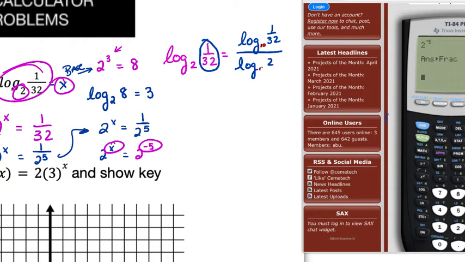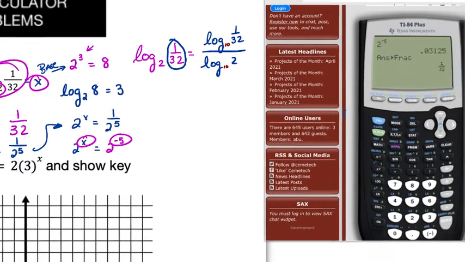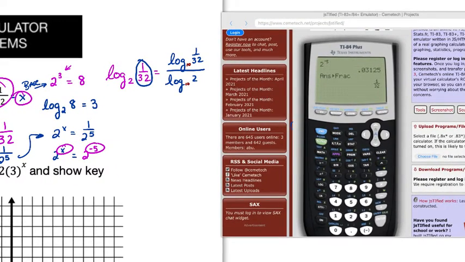These are both base 10s, and so it's called the change of base formula because I was base 2 and I've written it as an equivalent base 10 problem. But my calculator does base 10, so I can just hit the log button, of 1/32, so 1 divided by 32 in parentheses, divided by the log of 2, and it will spit out a decimal.